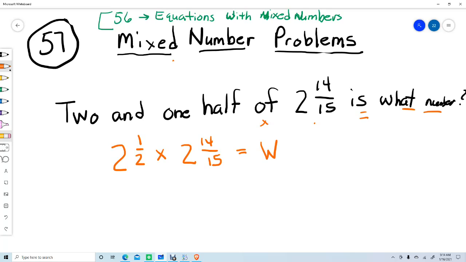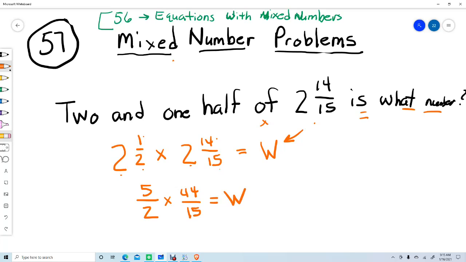So now we have a similar problem, but now we're looking for the answer and not the factors. Now this is just a matter of making these into improper fractions. 2 times 2 is 4, plus 1 is 5, over the same denominator, times 2 times 15 is 30, plus the numerator, that's 44, over the same denominator, equals what number?